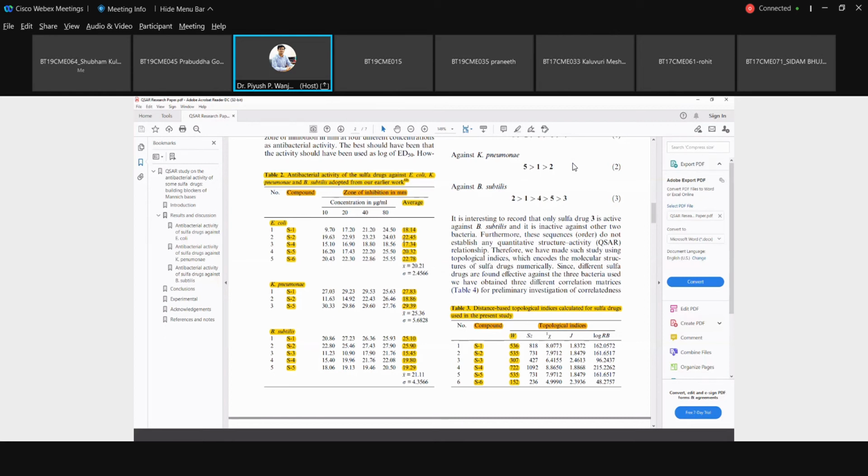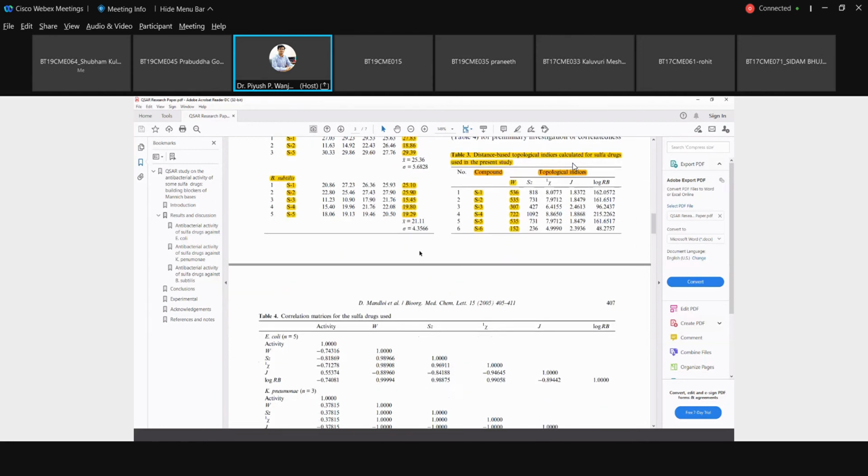Now you have to relate the antibacterial activity with these descriptors and see the dependence of the activity on the descriptor values. So now you can come up with different models.